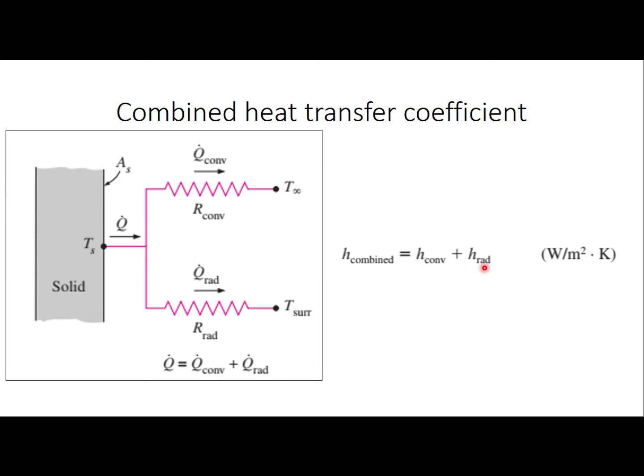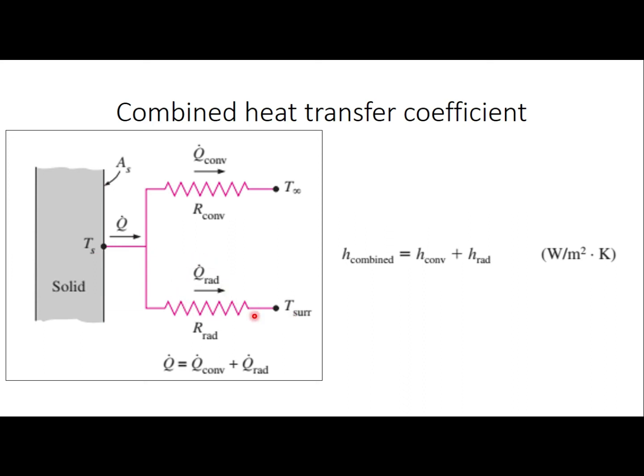So in this case we have seen that the heat is transferred by two different modes. A part of the heat transferring from Ts to T infinity is by convective heat transfer, and a part of the heat transferring from Ts to T surrounding is by radiation heat transfer.